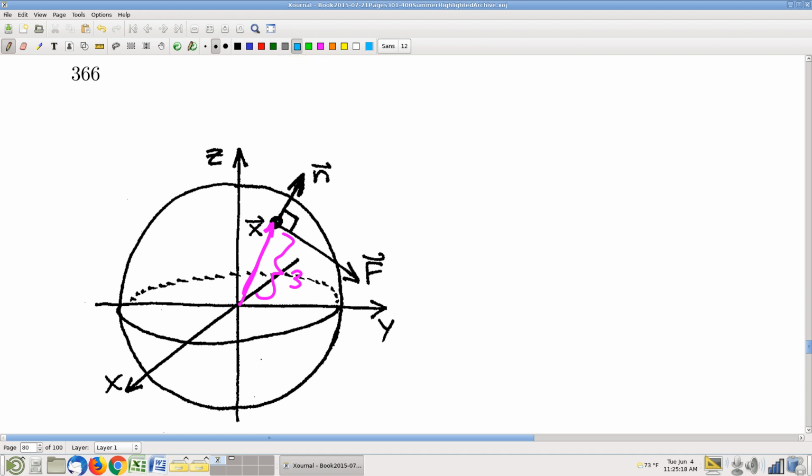Appealing just to the picture, that unit normal vector is pointing in the same direction as the position vector. Spheres are great. Spheres are just chock full of symmetries. So n is parallel to x. X has magnitude 3. N has magnitude, of course, 1 because it's a unit vector. So there's really only one possible formula then. N has to be x divided by 3.